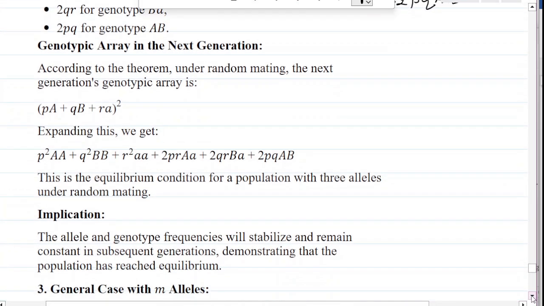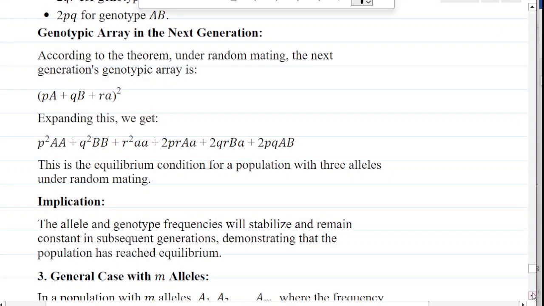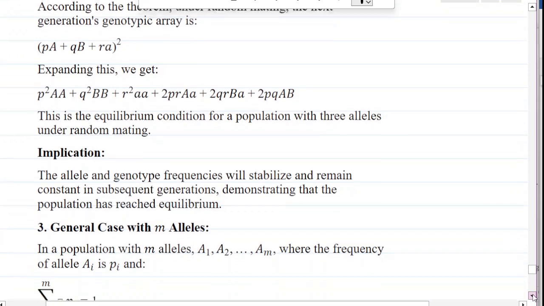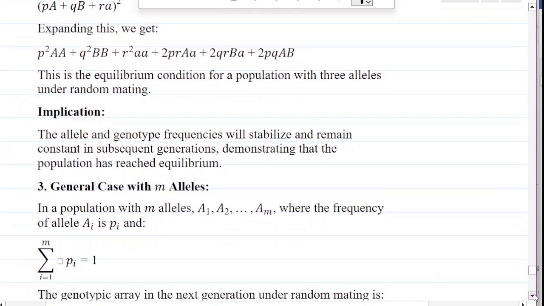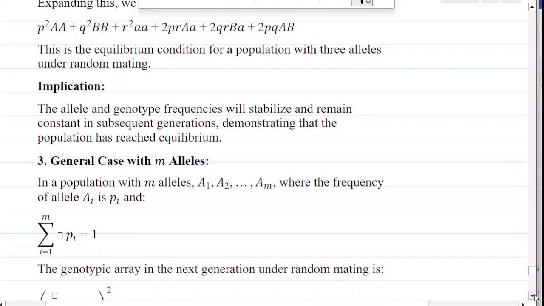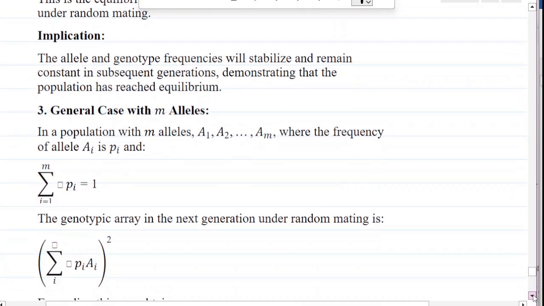Now, the implication of this result: the allele and genotypic frequency will stabilize again and remain constant in subsequent generations, which demonstrates that the population has reached equilibrium after one generation of random mating. We can generalize this result for m alleles.